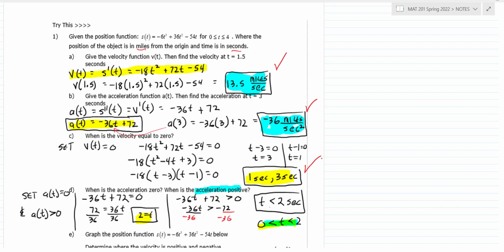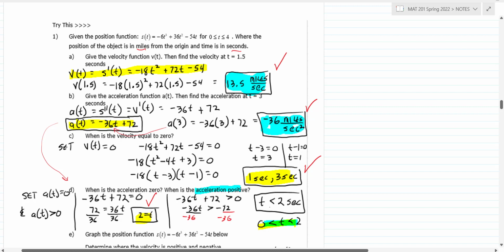Okay, the next one says, when is the acceleration 0? Well, the acceleration we got in part B, so set it equal to 0. The acceleration is negative 36t plus 72. Solve that equation. The acceleration is 0 at 2 seconds. Then it says, when is the acceleration positive?